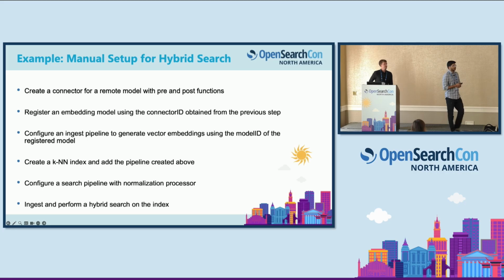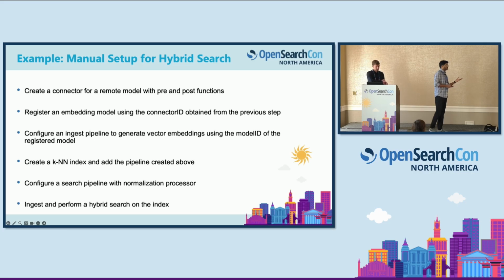After that, you will create an ingest pipeline which will help you generate the vector embeddings. The job of this ingest pipeline would be that any documents ingested in the cluster will have vector embeddings generated. You also need a KNN index, because those generated vector embeddings need to be stored on some index, and that's where the KNN index comes into the picture.